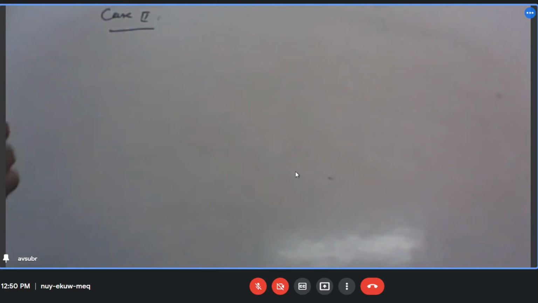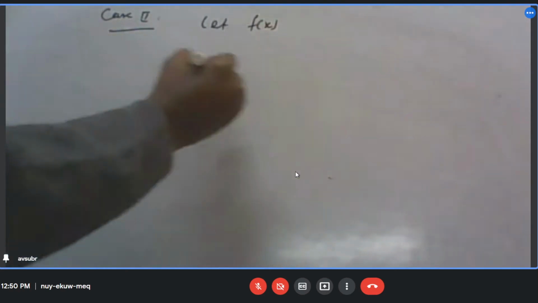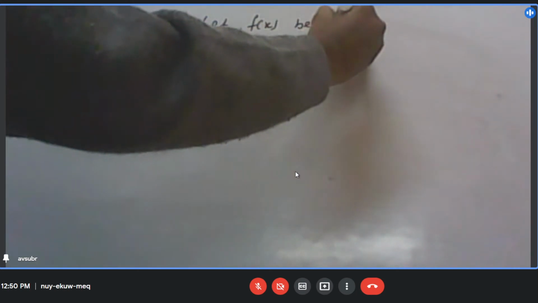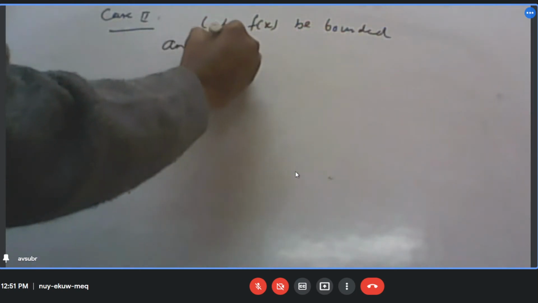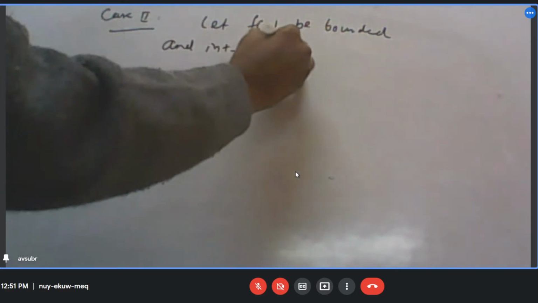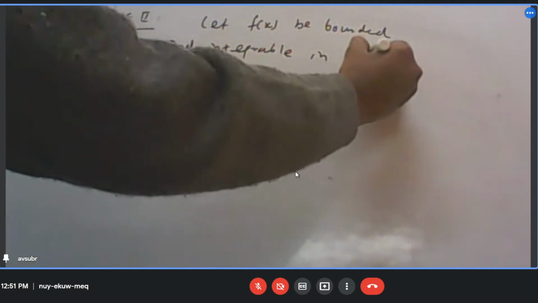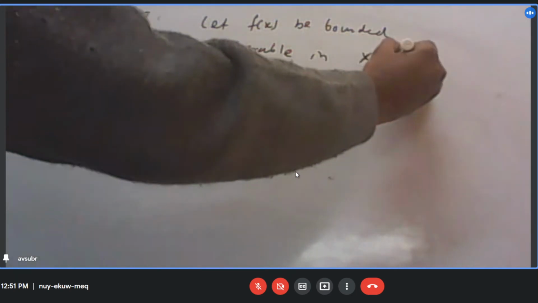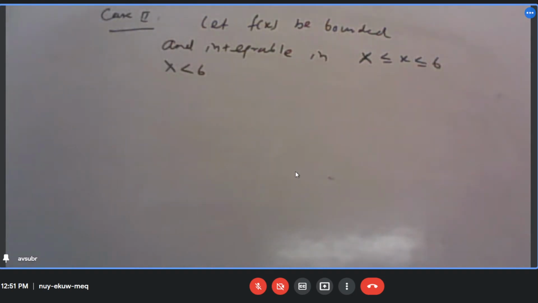Let us say the function is bounded and integrable. But now my x has changed from x to b, for all x less than b.